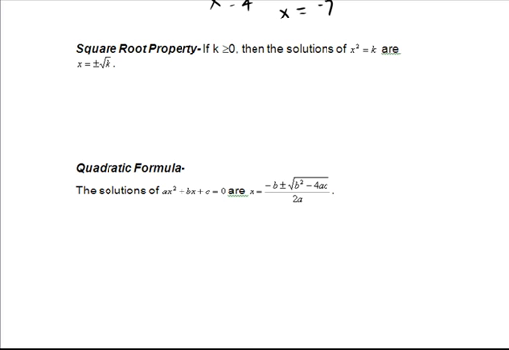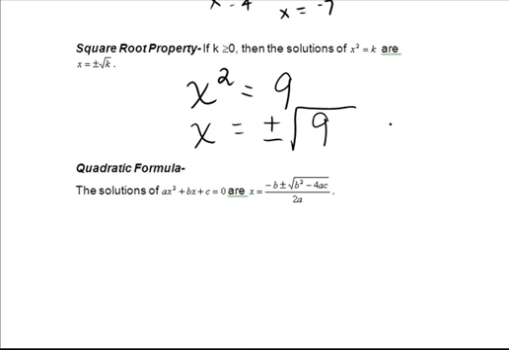The square root property: if k is greater than or equal to 0, so we have a positive number or 0, then the solutions of x squared equal to k are x equals plus or minus the square root of k. So let's take a look at an example. Suppose we're looking at x squared is equal to 9. We can take the square root of both sides, and when we do so, we insert plus or minus, and of course the square root of 9 is 3.